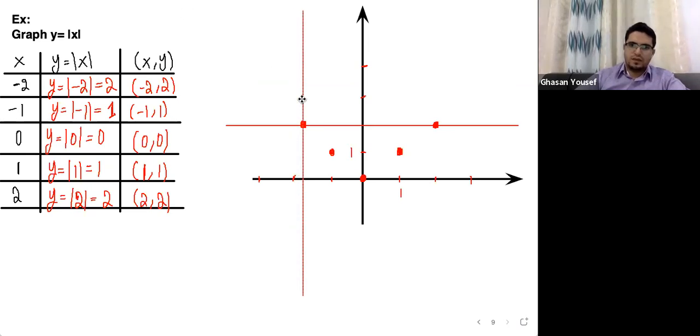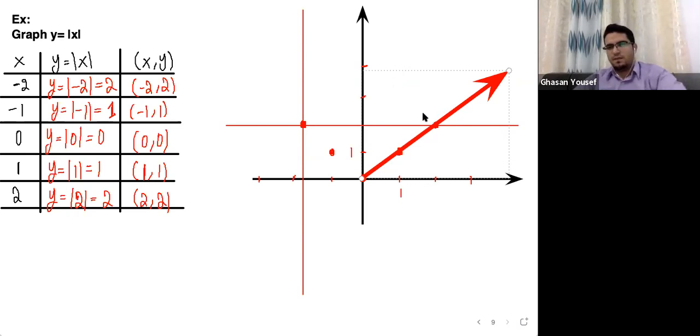So actually, when I graph this, the absolute value looks something like this.